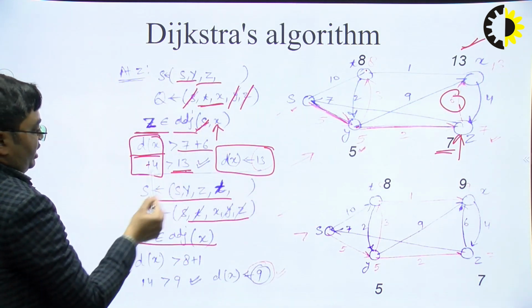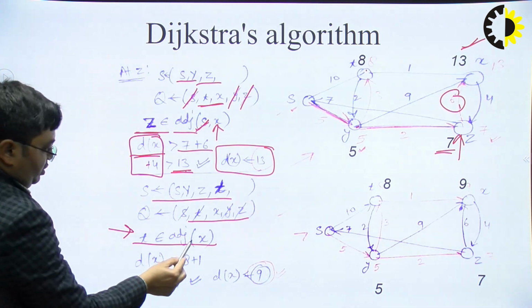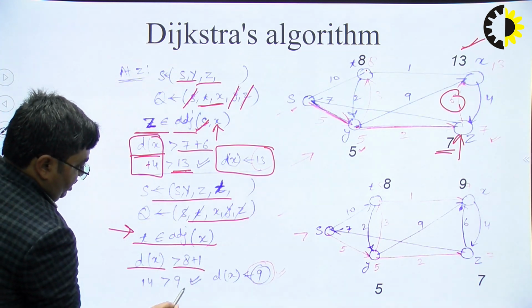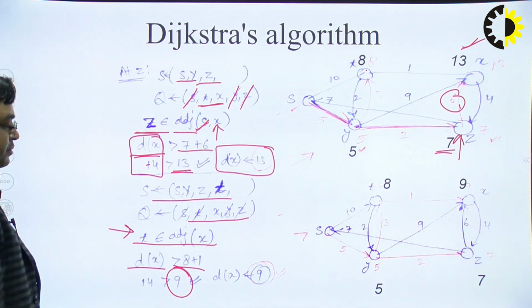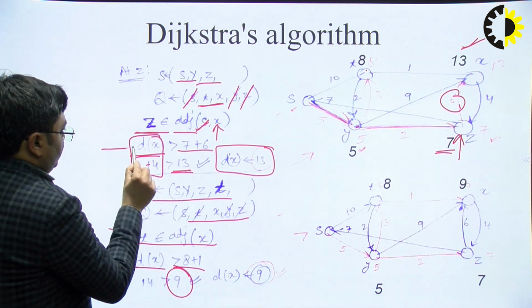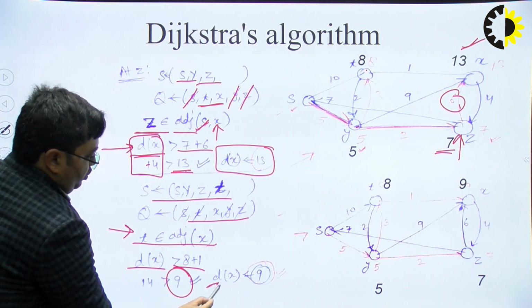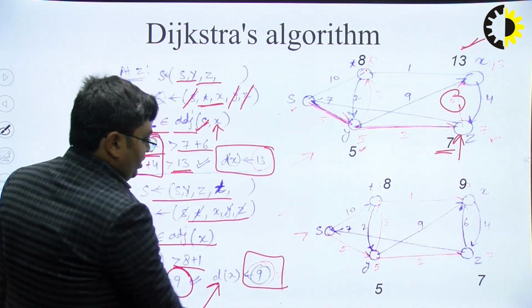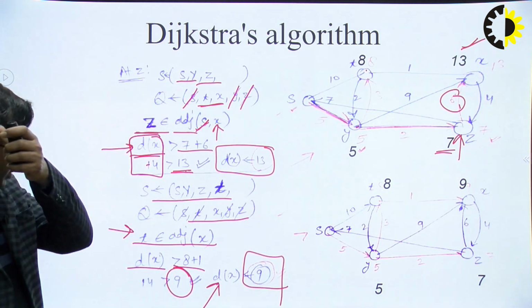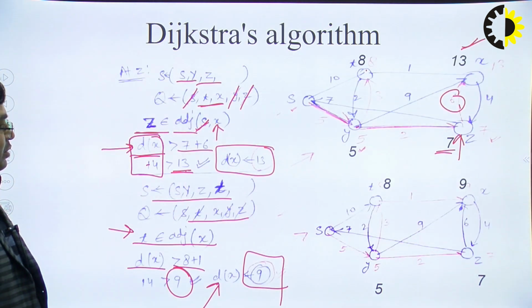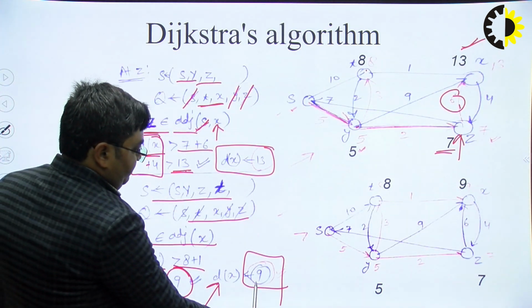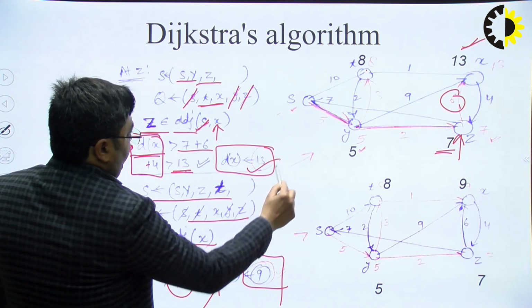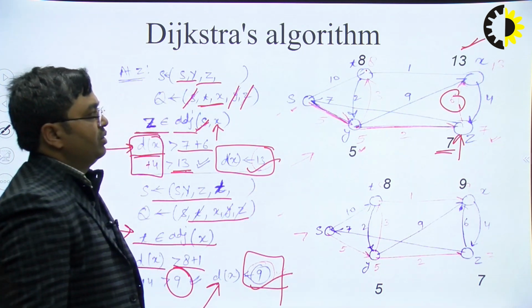From t to x, 8 plus 1, we have value 9. So for reaching the x node we have two values, and we have to select the minimum. From 13 and 9 we assign the minimum.